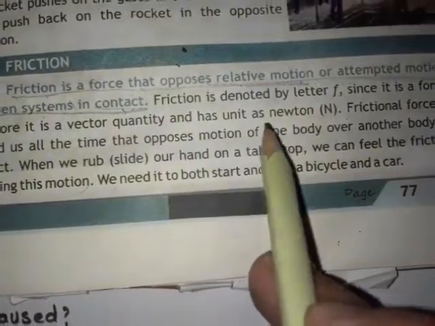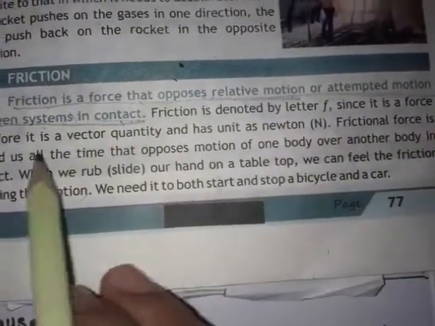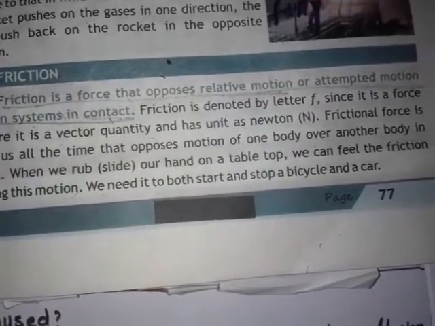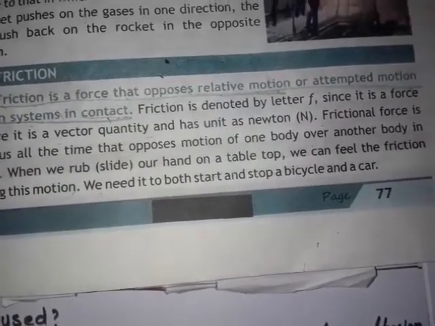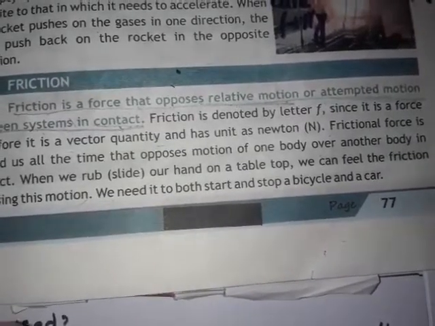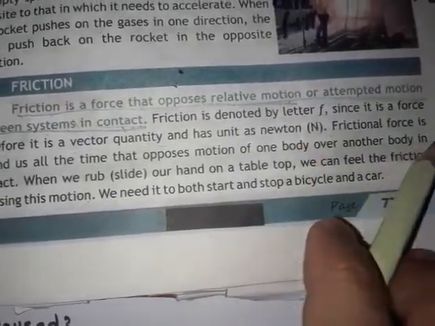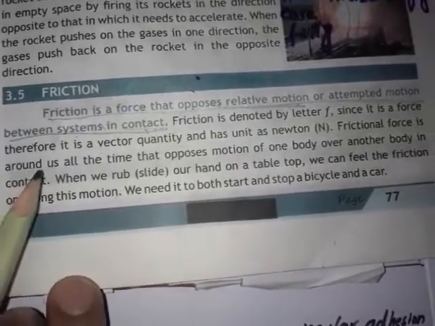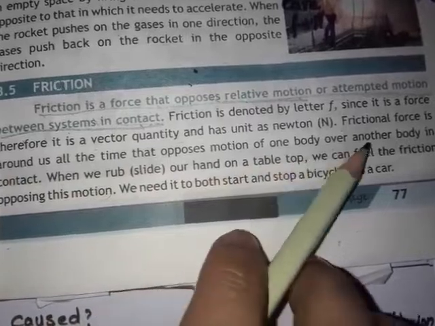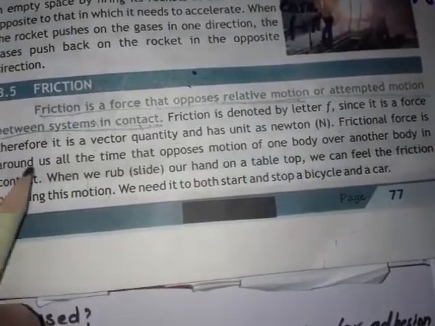Friction is denoted by small f. Since it is a force, it is a vector quantity and it has the same unit as force. Frictional force is around us all the time and opposes motion of one body over another body in contact.